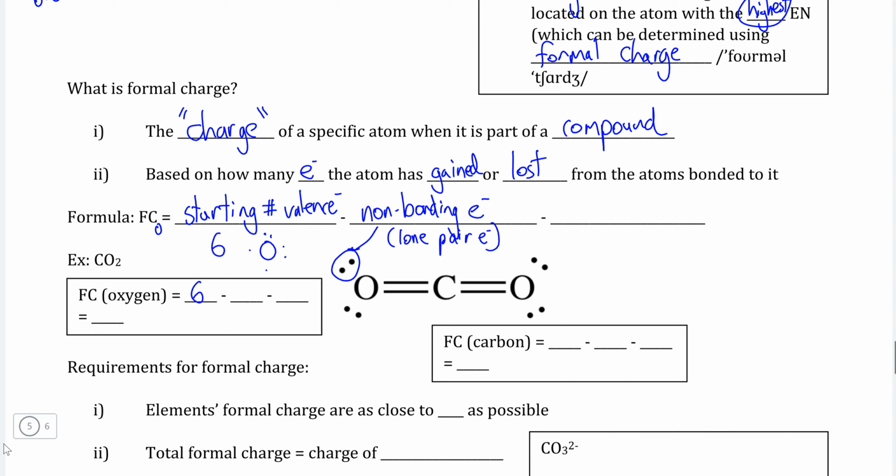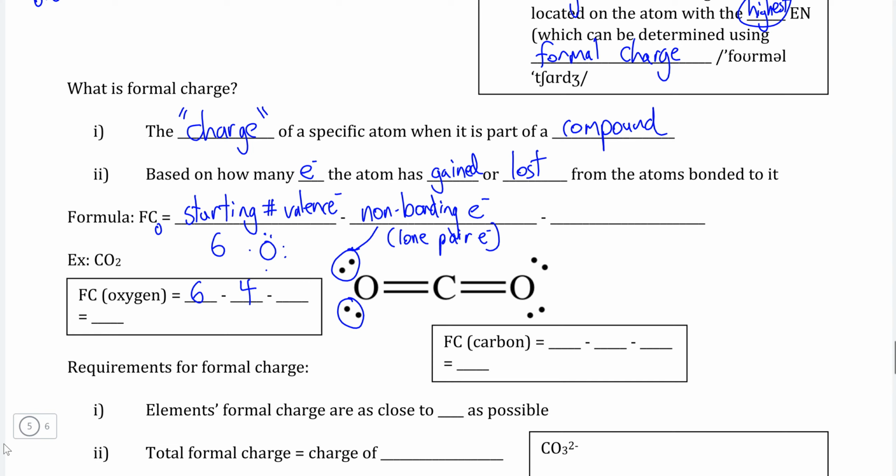And this oxygen in carbon dioxide each have 4 non-bonding electrons, 2 in this lone pair and 2 in this lone pair, and likewise on the same oxygen, because in terms of electrons, it is identical.